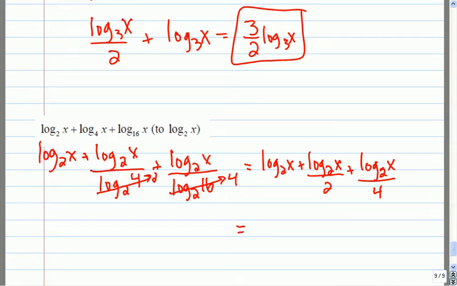If I make a common denominator, I'll have 4 of those, 2 of those, and 1 of those. So that's 7 out of 4 log base 2 of x.